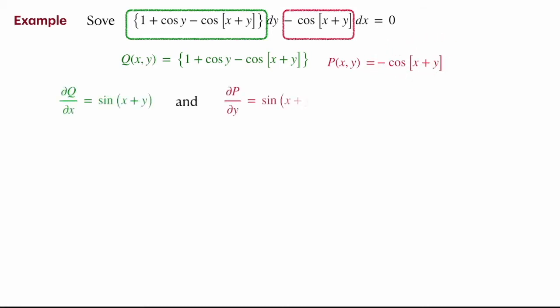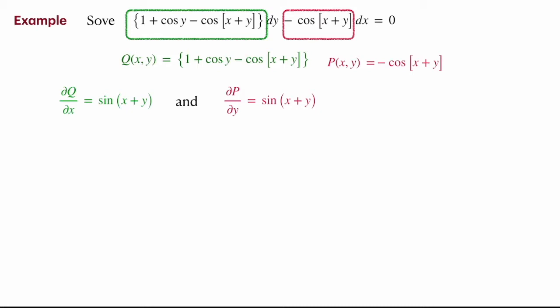Now let's check whether this satisfies the condition for exactness. That is, dq by dx we compute, and it is easy to show that it is sin(x plus y). So we take this, differentiate with respect to x, then we find that this is 0, this is 0, and this comes as minus of minus sin(x plus y), which is written simply as sin(x plus y).